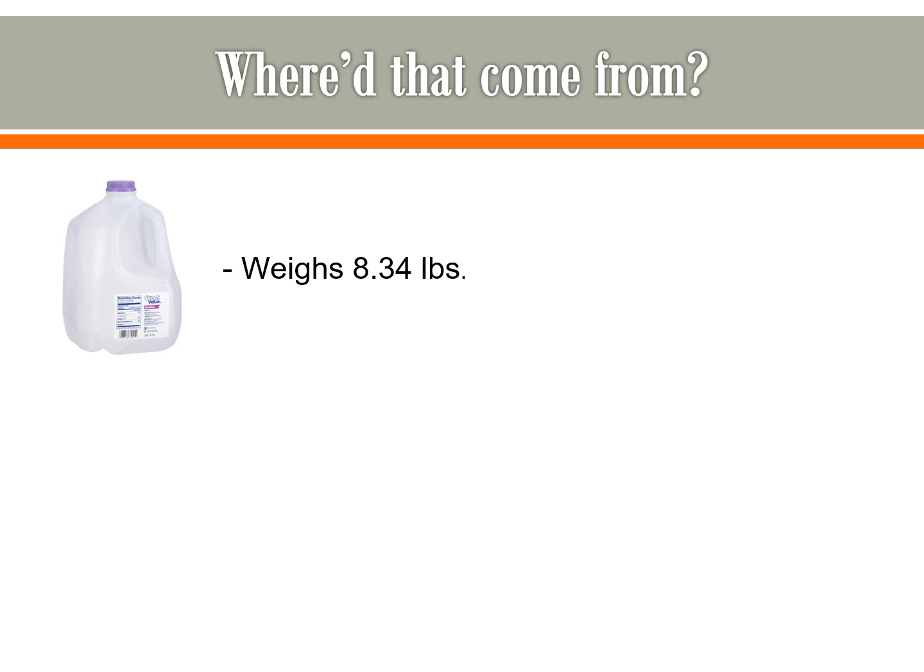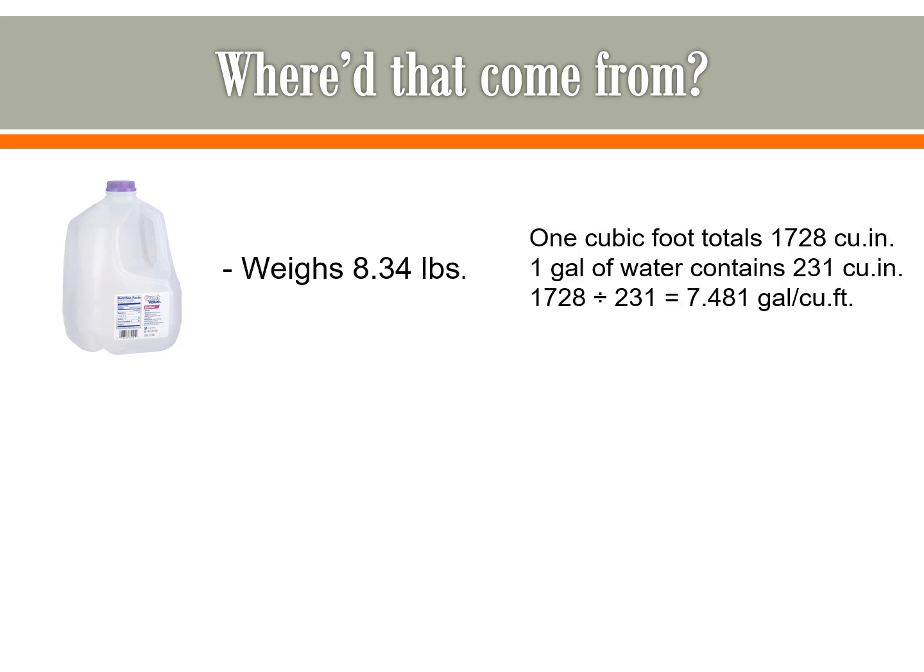All right. So where did 7.48 come from? We know that 1 gallon of water weighs 8.34 pounds. If you have 1 cubic foot, that is the equivalent of 1,728 cubic inches. And if 1 gallon of water contains 231 cubic inches, you take 1,728, divide that by 231, and you're left with 7.481 gallons per cubic foot.